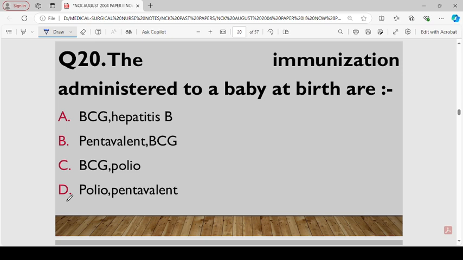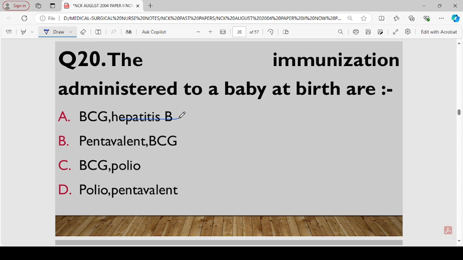The immunization that is normally administered at birth includes what? Now, this one we are specifically looking at the immunization schedules in Kenya, right? I'm sure they'll be different from the United States. In the United States, hepatitis B will make sense, but not in our case. BCG is not a problem in the US because of the low rates of infection. TB is still a problem in Africa and more so in Kenya.